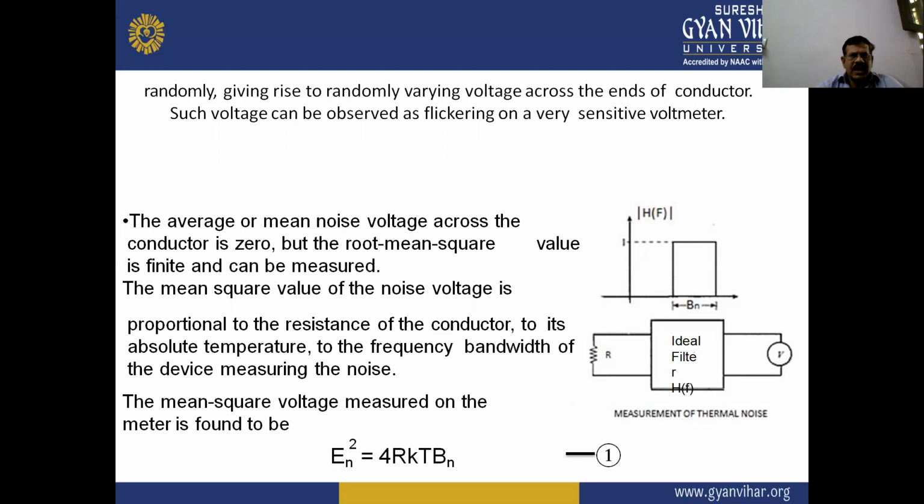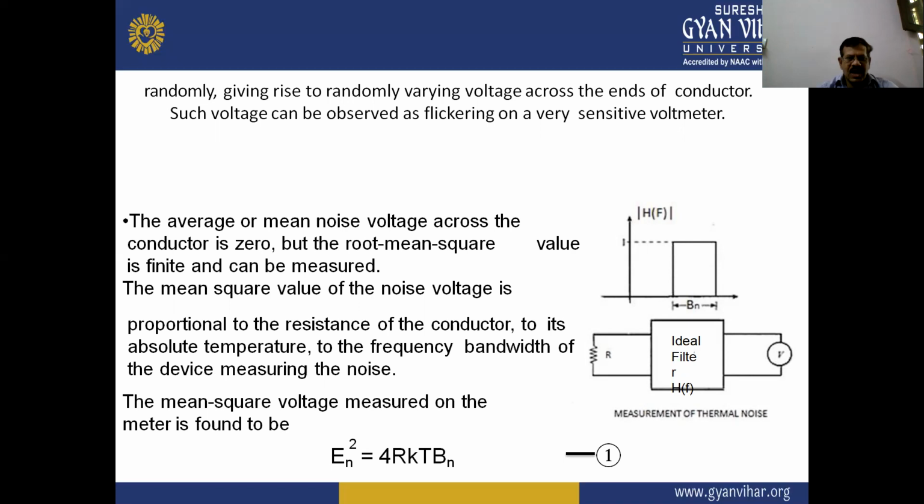Now, the average or mean noise voltage across the conductor is zero, but the root mean square is finite and can be measured. The mean square value of the noise voltage is proportional to the resistance of the conductor, to its absolute temperature, and to the frequency bandwidth of the device measuring the noise.